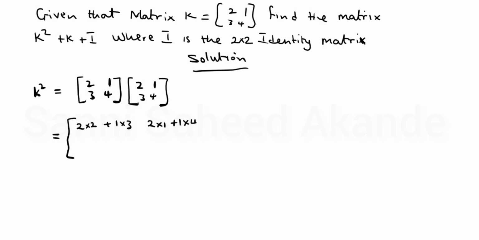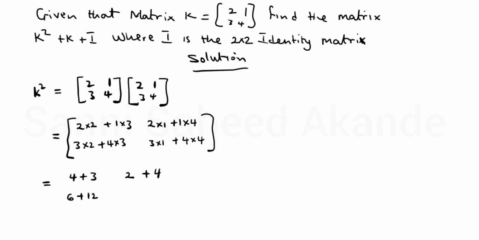So the second row multiplied by the first and the second column in the second matrix will give us 3 times 2 plus 4 times 3, then 3 times 1 plus 4 times 4. Okay, and when we multiply we get 2 times 2 is 4 plus 1 times 3 is 3, then 2 times 1 is 2 plus 1 times 4 is 4. 3 times 2 is 6 plus 4 times 3 is 12.